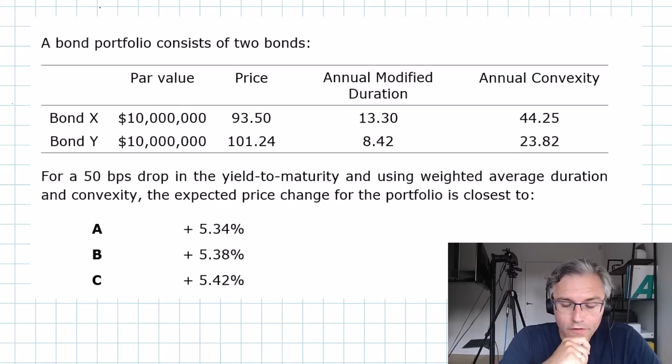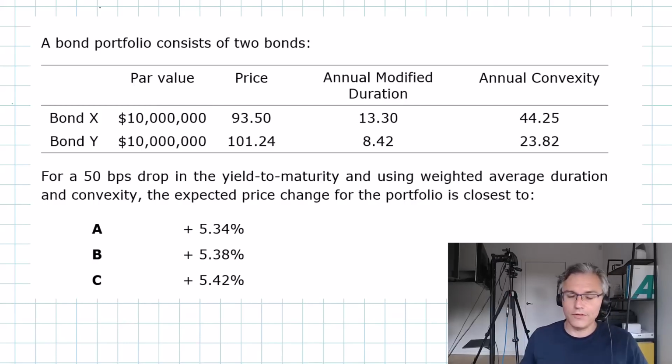And now, for a 50 basis points drop in the yield to maturity, and using weighted average duration and convexity, the expected price change for the portfolio is closest to. In other words, what will happen to the value of the portfolio if yields drop by 50 basis points, by half a percentage point.